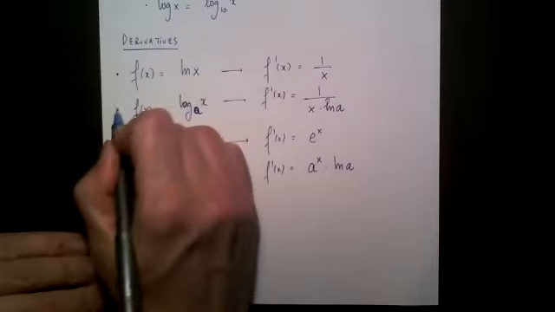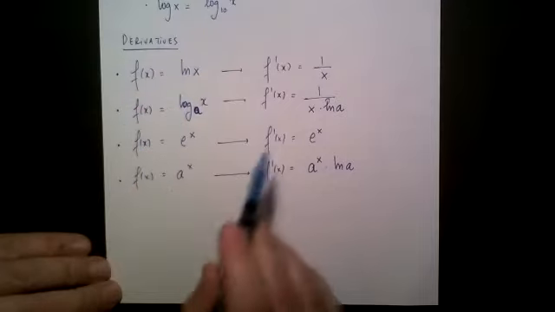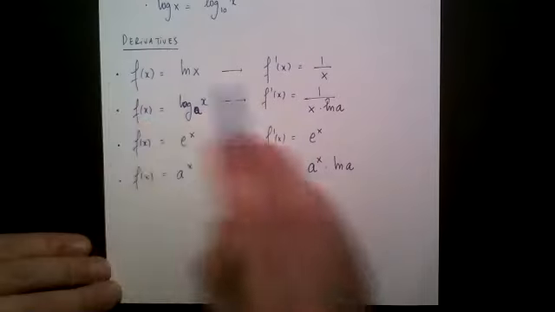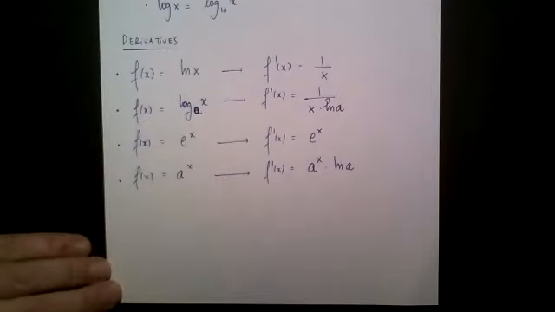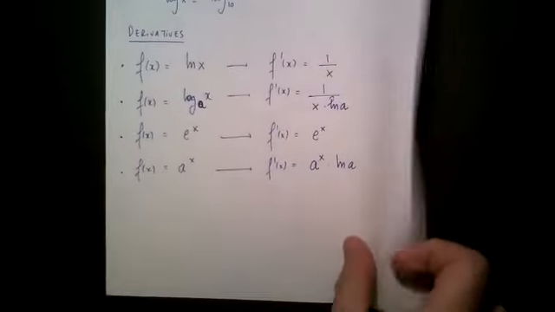Okay, so these are the 4 derivatives, and now we're going to try to prove them. The hardest one to prove is the first one. That's why I put it first. Any questions so far? Okay, so let's start with the proofs.